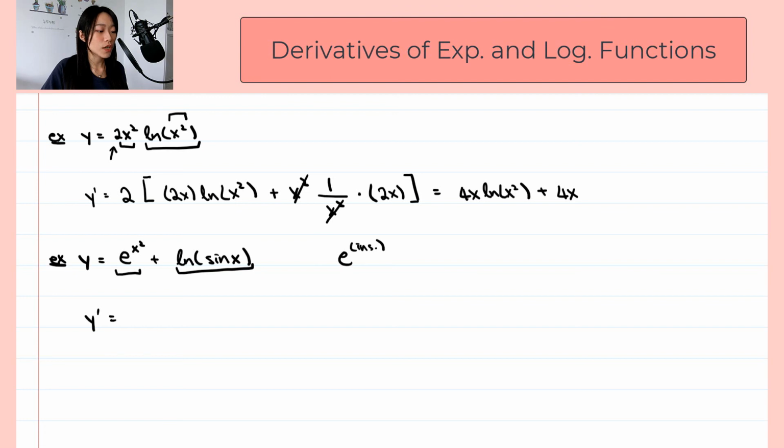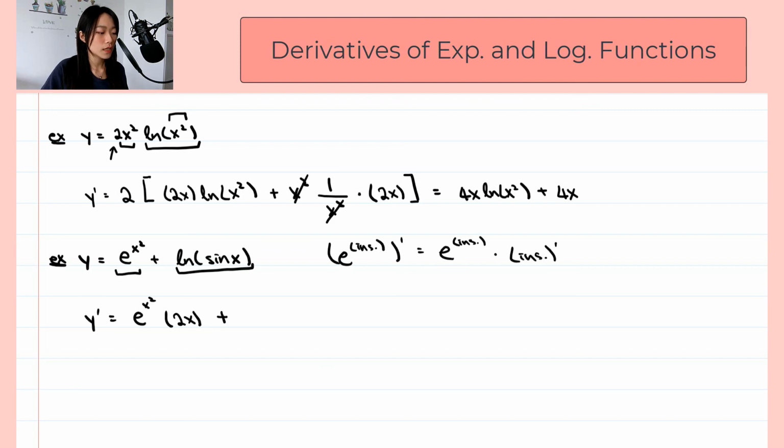So we have to use the chain rule. By the chain rule, its derivative is e to the power of the inside function times the inside function prime. So y prime equals e to the power of x squared times the derivative of x squared, which is 2x.